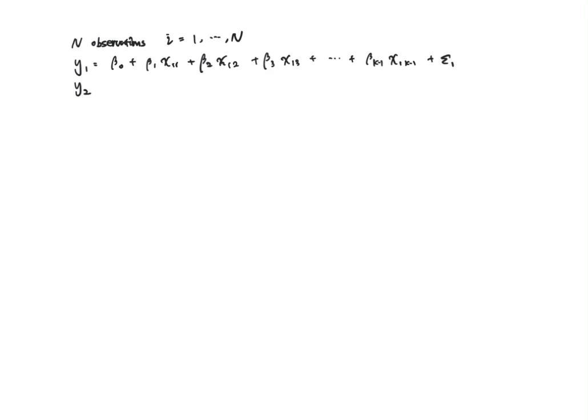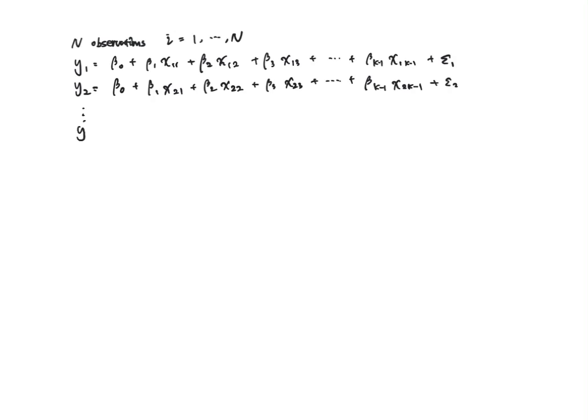The second observation is y2 equals beta 0 plus beta 1 x21 plus beta 2 x22 plus beta 3 x23 plus beta k minus 1 x2 k minus 1 plus epsilon 2.